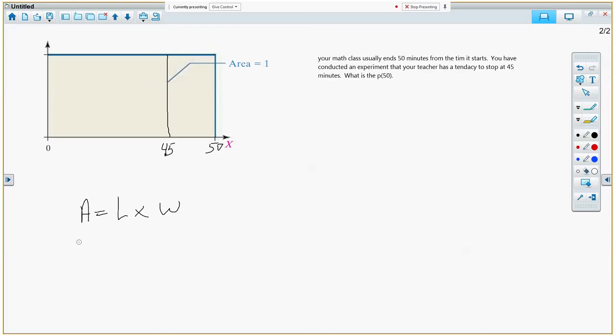So 1 is equal to 45, that's that length right there, 45 times the height. Whatever this height is right here. And then that's going to be 1/45 is equal to width. So our height here is 1/45.